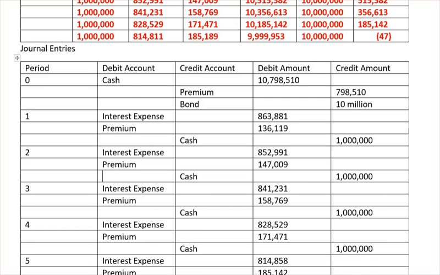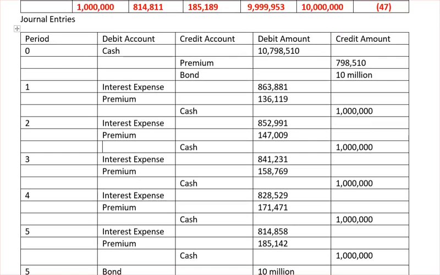So interest has to follow the same pattern. It's going down through time. So with the premium, your interest expense becomes less each time. And with a discount, it becomes more because carrying value is going up to the face value. Then the very last journal entry is done to remove it.